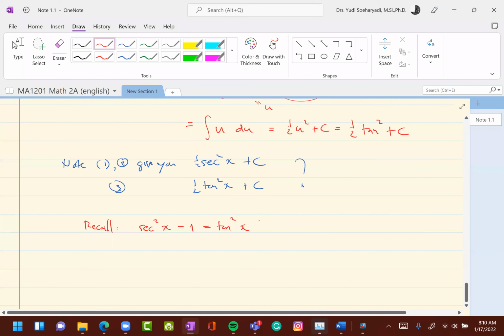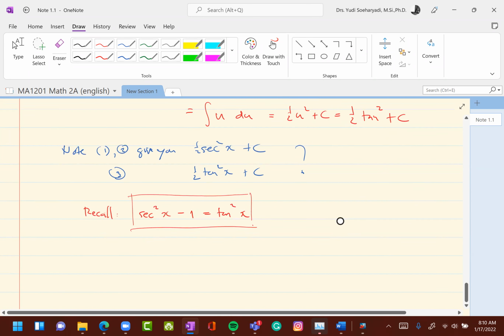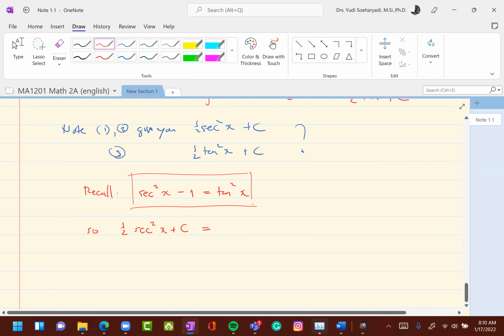So this is our formula. So what you get here is 1/2 secant square x is actually 1/2 tangent square plus 1, right?